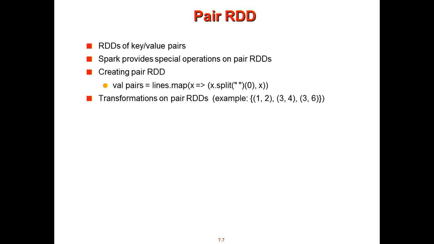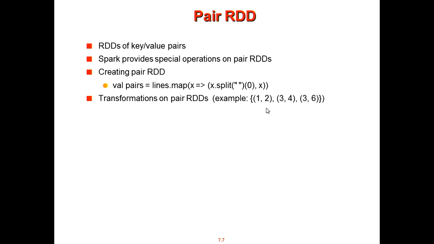It means that in this data, you have a pair, a key and a value. Spark provides some special operations on pair RDDs. You can create pair RDDs according to some transformation operations, and then you can use very different action operations to get some results. So let's see some examples.